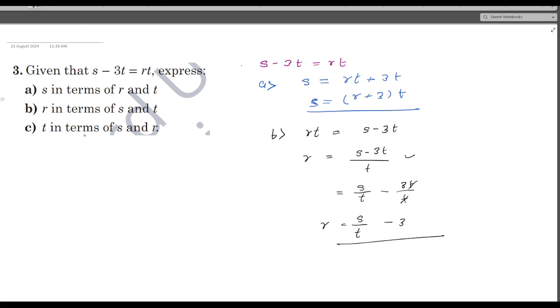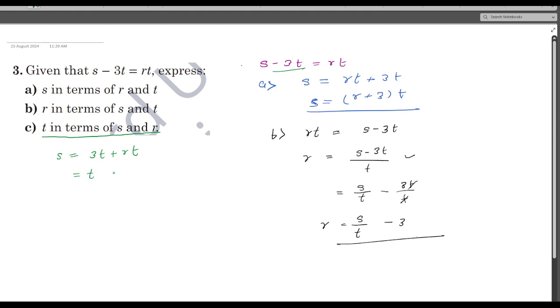Now the third question, you have to express t in terms of s and r. First, t should be on one side only. So here what we do, this minus 3t we will move to the right side. So you have s is equal to 3t plus rt.